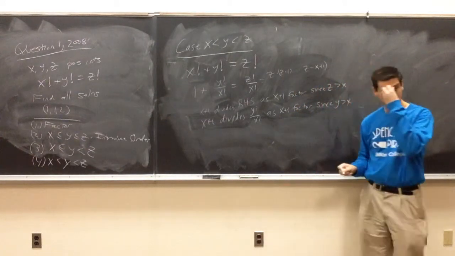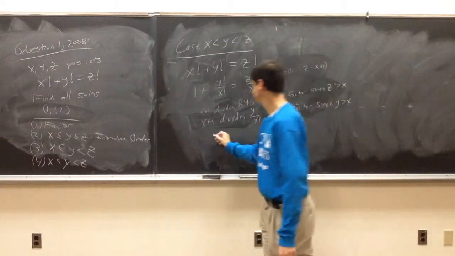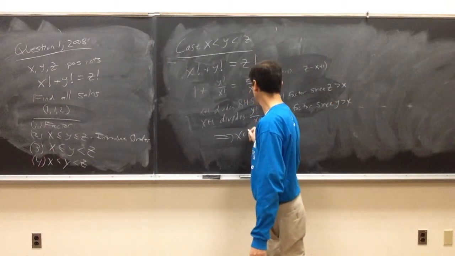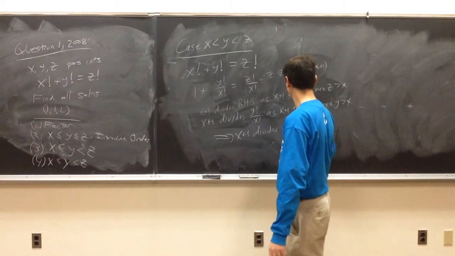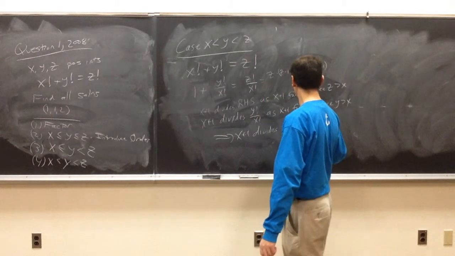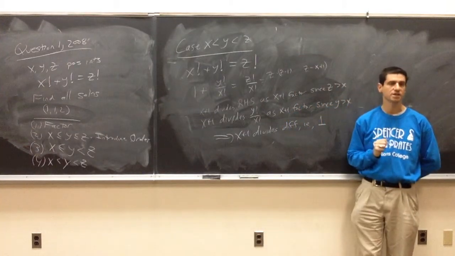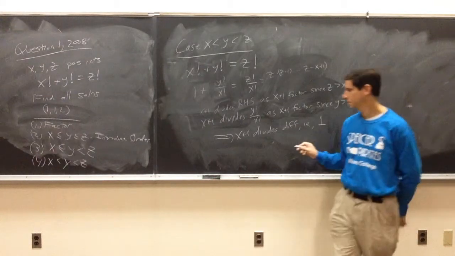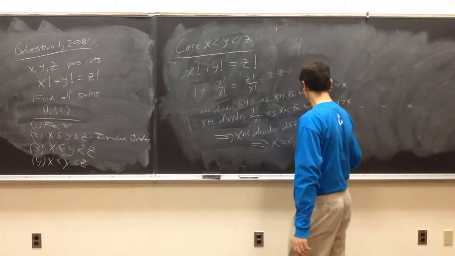And see that we're using both of the givens here. Therefore, x plus 1 divides the difference, i.e. 1. And that tells us that x has to be 0, which can't happen. Therefore, x equals 0, contradiction.